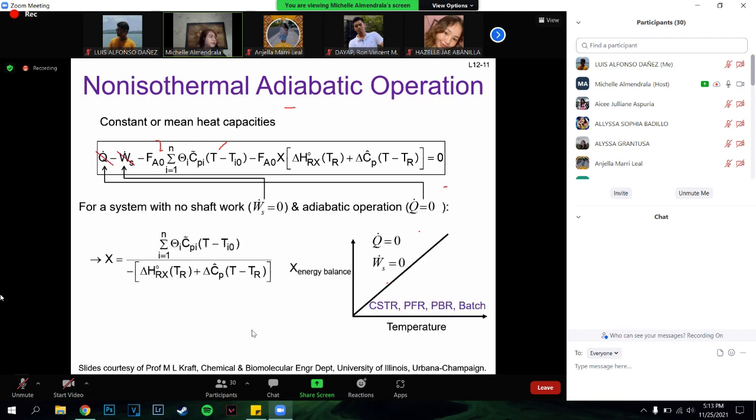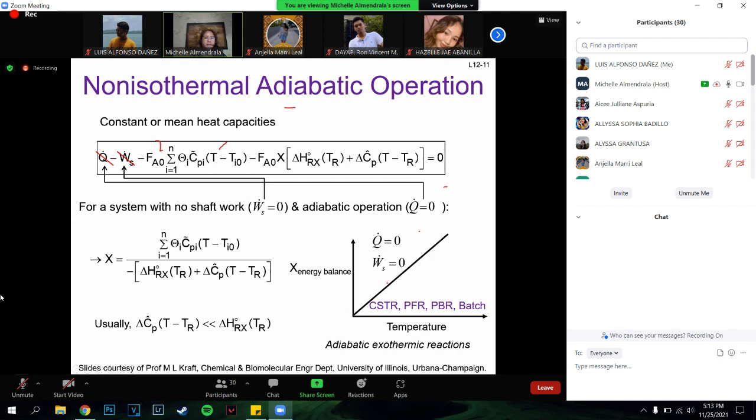Further simplify that. If there's no shaft work, then you can have this simple relationship of X and temperature. With this, you can see that X and temperature are linear for Q and Ws zero. Same for all processes.